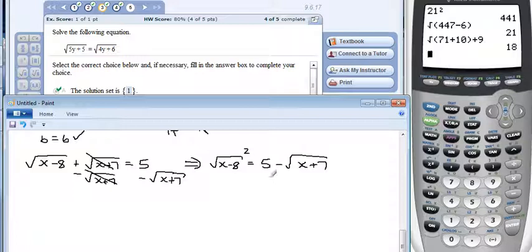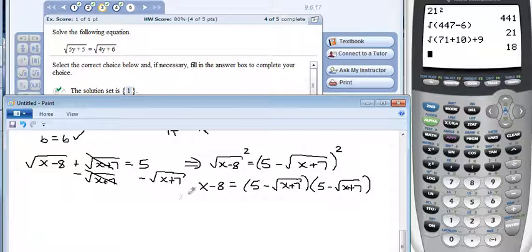Okay? Now I'm going to work on getting rid of this radical sign. So I'm going to square it. I've squared this side, so now I have to square this side. The square root of a square is itself, so this side is fairly straightforward, but this is not. This is a FOILing problem. I have a FOILing problem.